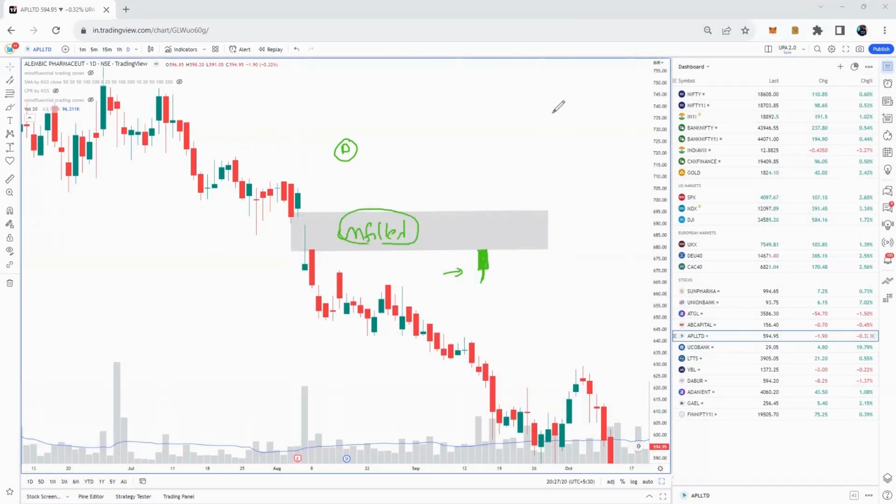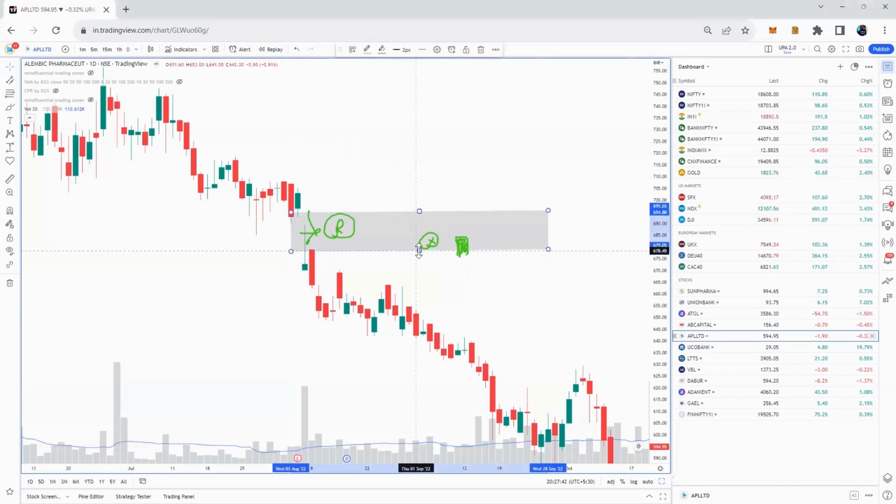Unfilled gap means inside that particular gap level, there should not be any body, especially the opposite color body. Now it's a gap down, which means it's a resistance, so the opposite color is the green candlestick body. That must not be there. If it is there, you will not remove the gap completely, but you will just put the new gap over here.